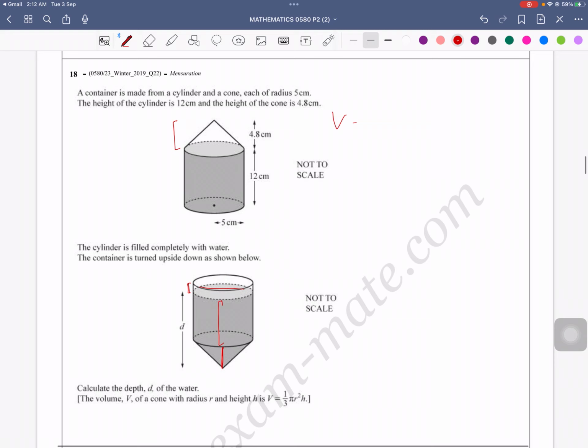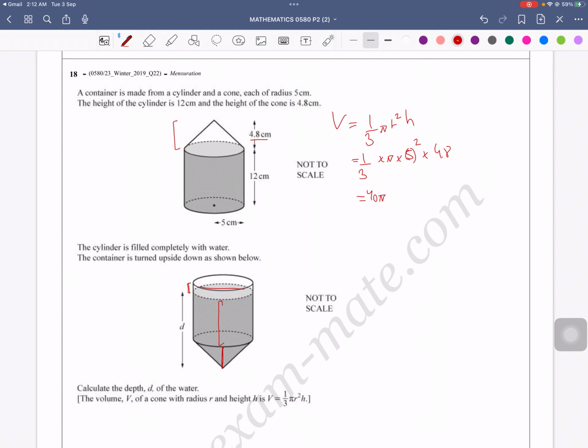So the volume of the cone would be pi r squared h, and they have told us that the radius is 5 for both and the height is 4.8 here, right? So they've given us both of them, right? So you and I, we can say that this is the volume of water that it can hold, right?